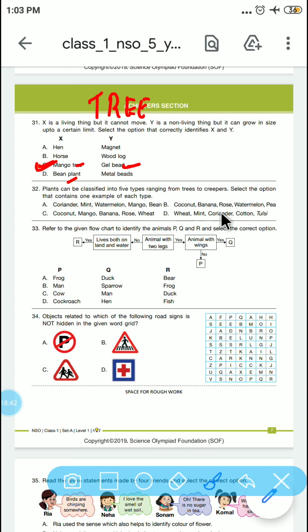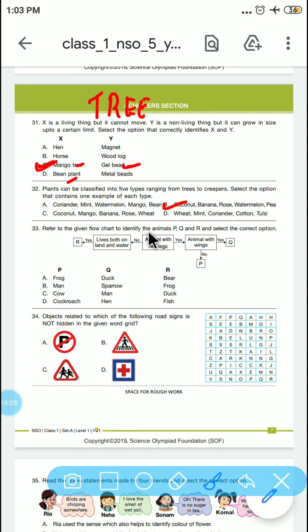In the second case, coconut, banana, rose, watermelon and peas. In option B, all the types of plants are mentioned. The 5 different types of plants are mentioned here, so we can go with it. So option B is the correct option for this question.